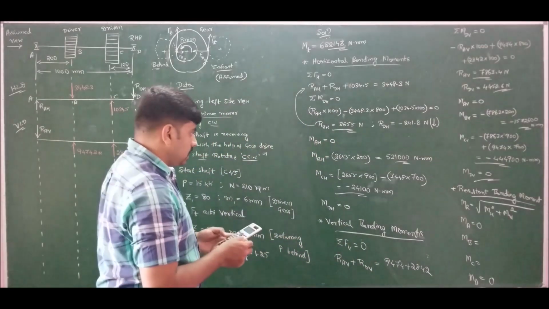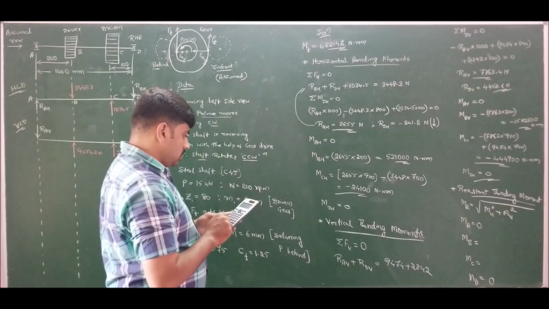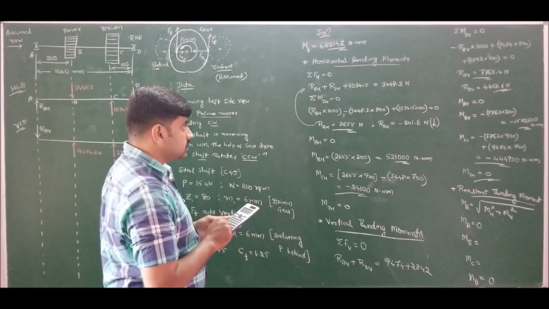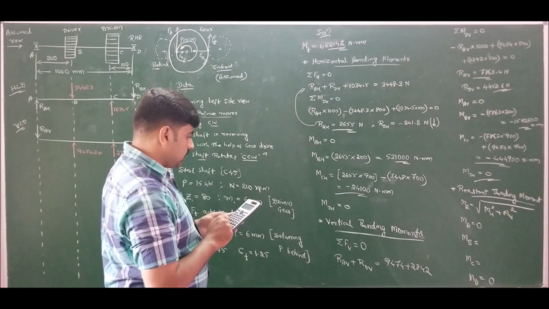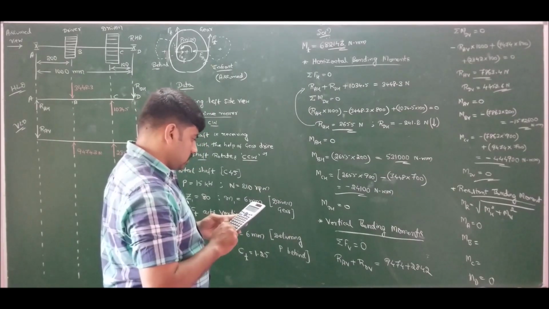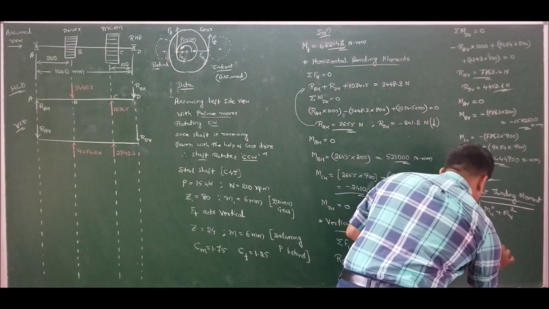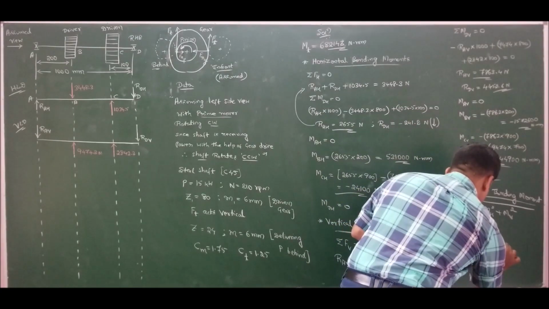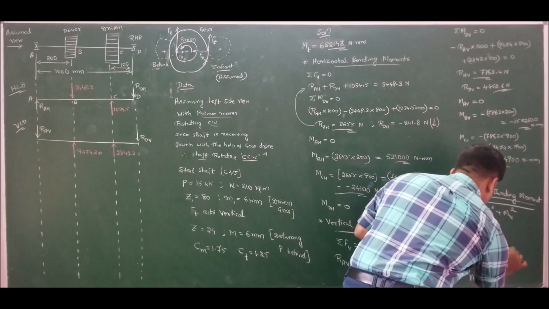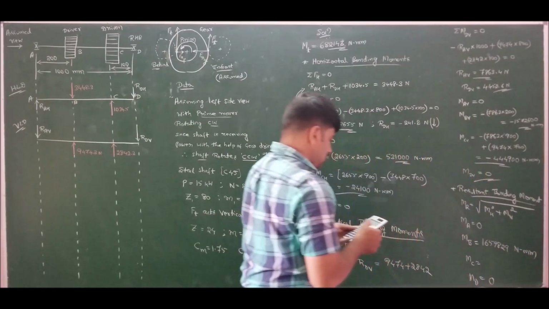Calculating for MB, square root of 531,000 square plus 1,572,600 square is equal to 1659829 Newton millimeters.